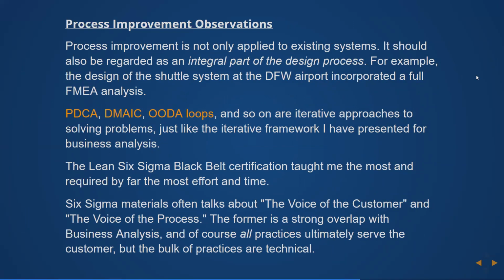One thing to know about process improvement is you aren't only improving existing processes, it should also be part of the design process as you're iterating through different design concepts to make everything as good as you can.